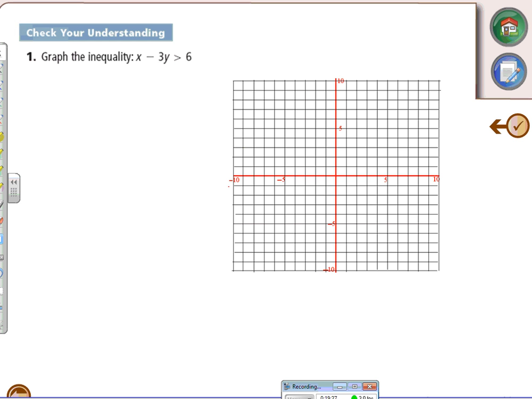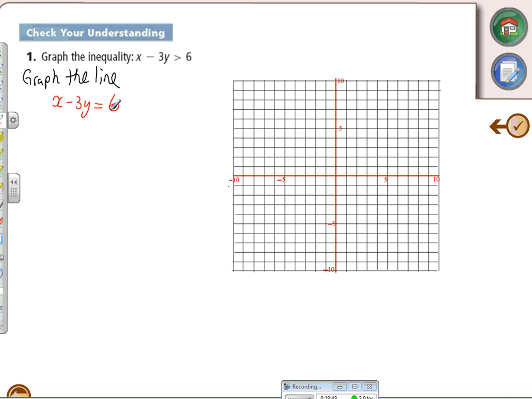I'm going to go through and take it into slope-intercept form. So to graph the line, that's step 1. Graph the line. In order to graph the line, we're going to change it into equal to.